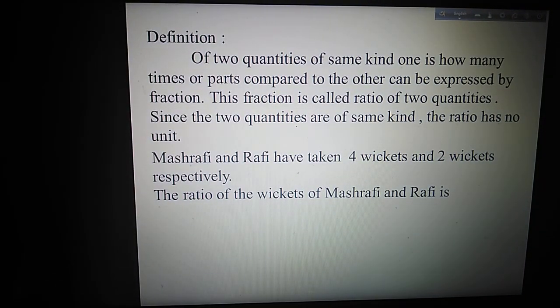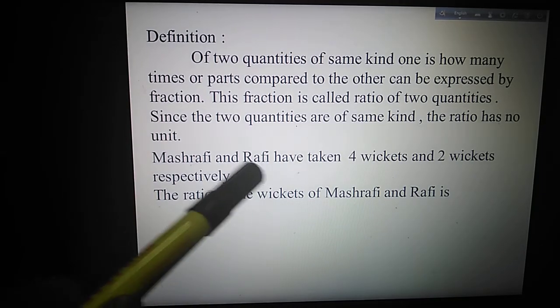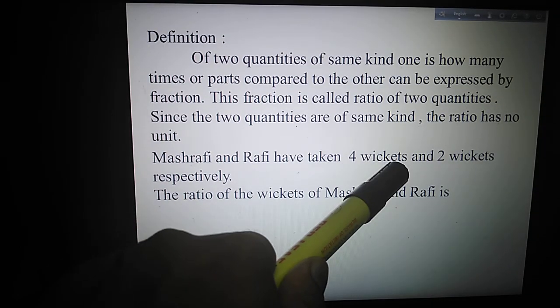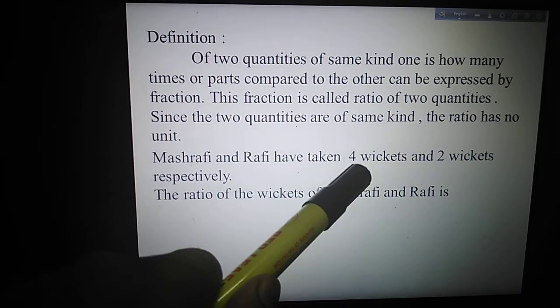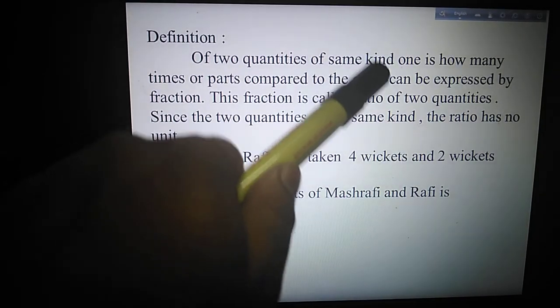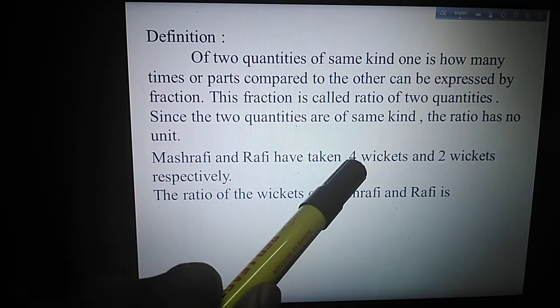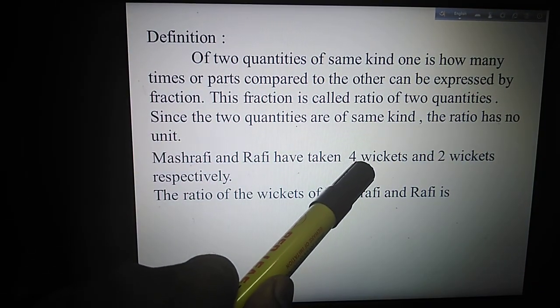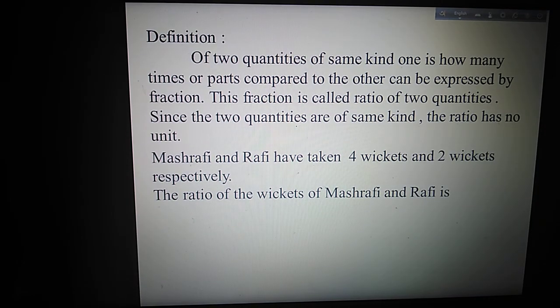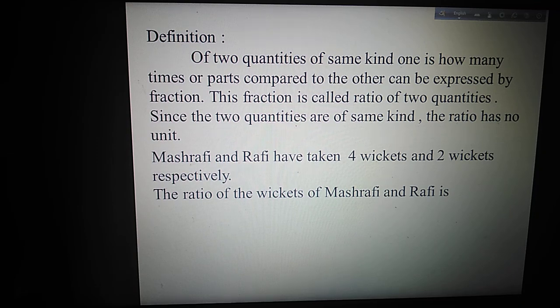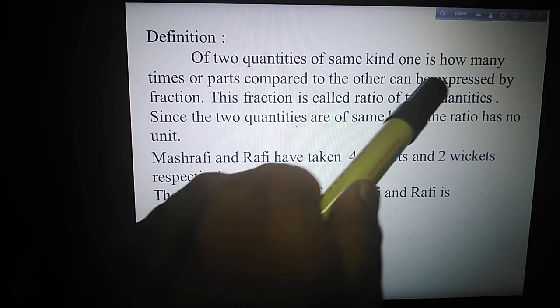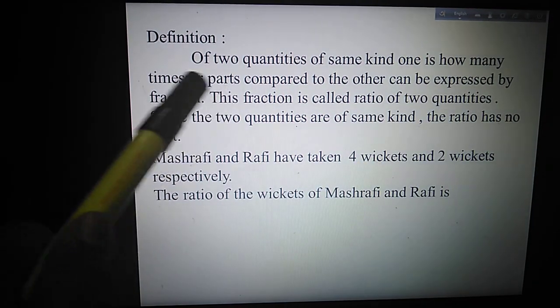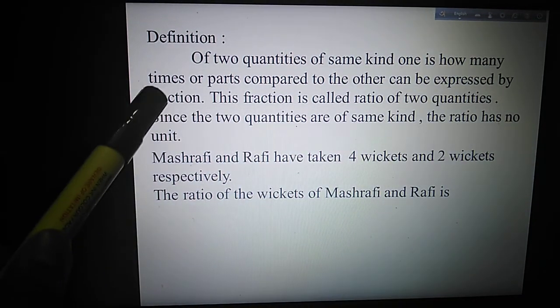So how can we find the ratio? The ratio of the wickets of Mustafi and Rafi, we have to compare, can be expressed by a fraction.